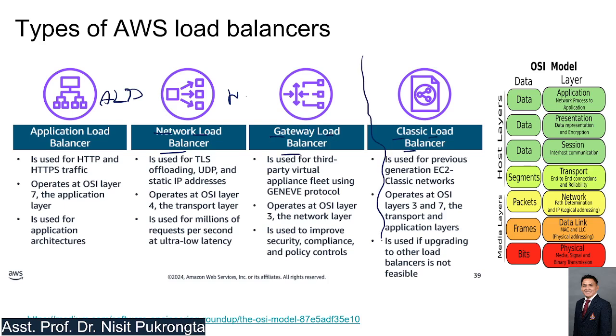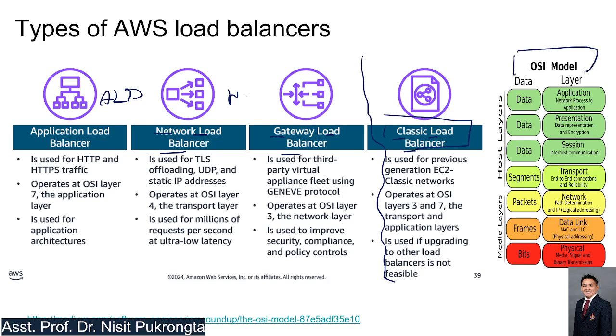But right now the Classic is quite obsolete, because if you go to the load balancer menu, you will see only Application, Network, and Gateway. Classic is there only if you would like to use it for some period. And when you talk about load balancers, you have to know one thing about the network part.